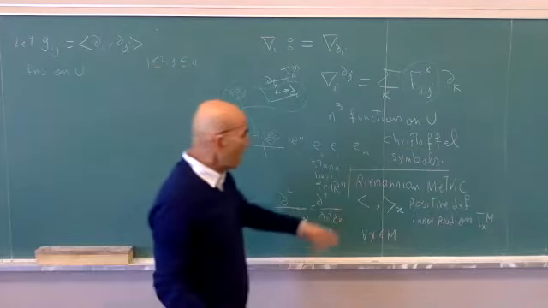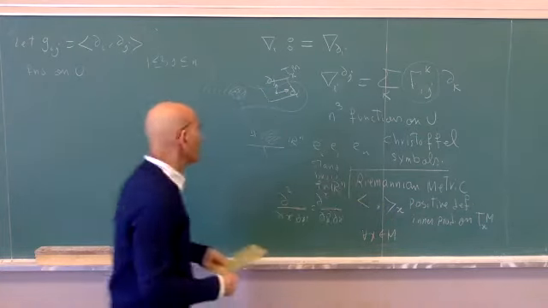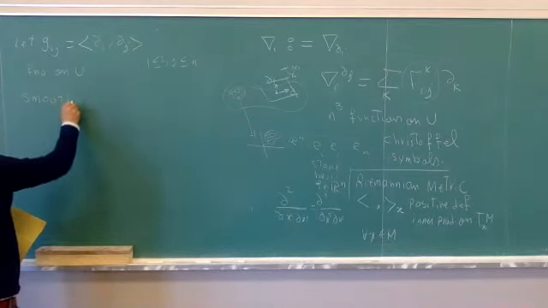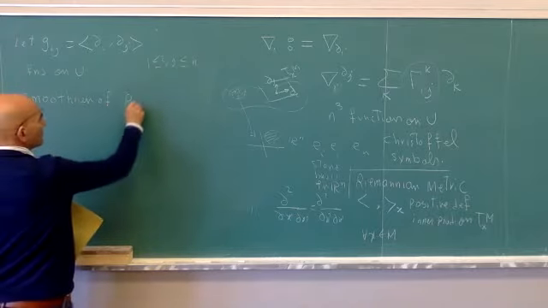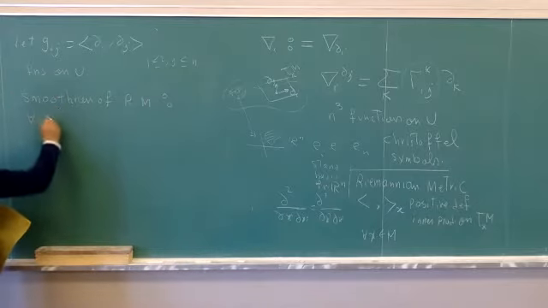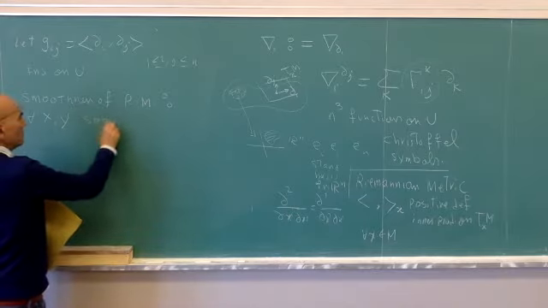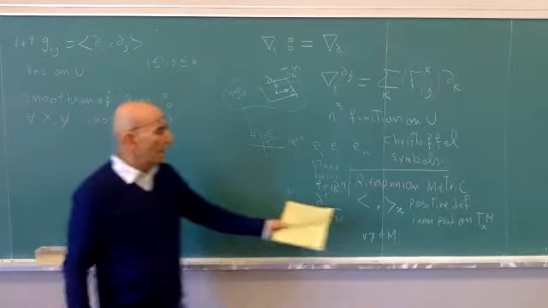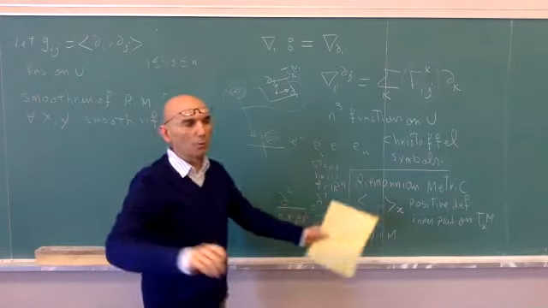Now, as I said, how can you impose a smoothness condition? It is very easy. Smoothness of this Riemannian metric means the following: for any two smooth vector fields x and y, the inner product of them, which is a function on M, should be smooth.